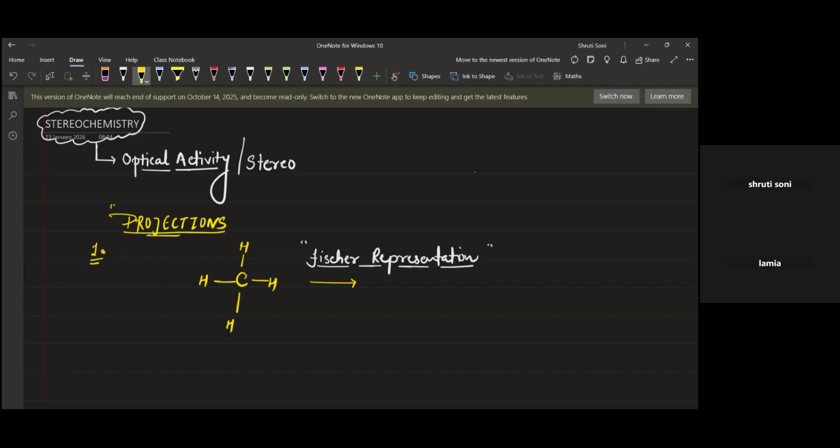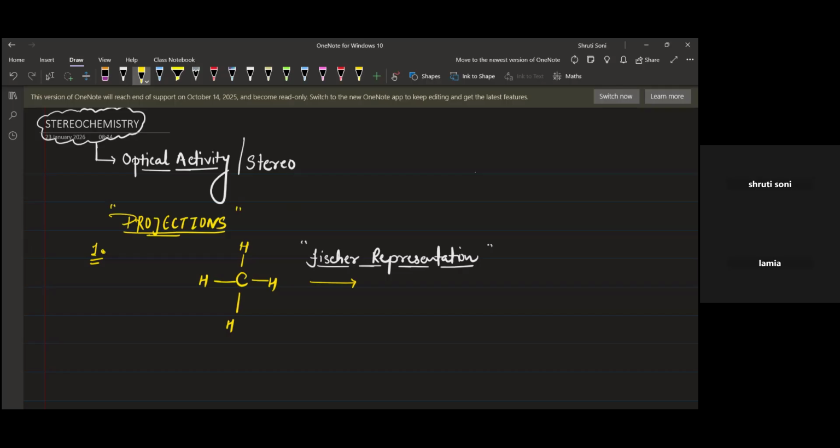What is the difference between Fischer and Newman? I think Newman accounts for the strain in the molecule, the space between the different atoms. They are majorly used to represent any 2D molecule in 3D. And there are certain rules in each of Fischer and Newman.